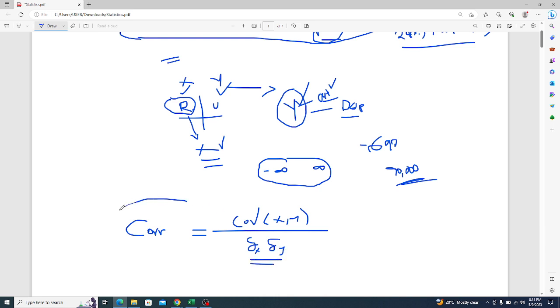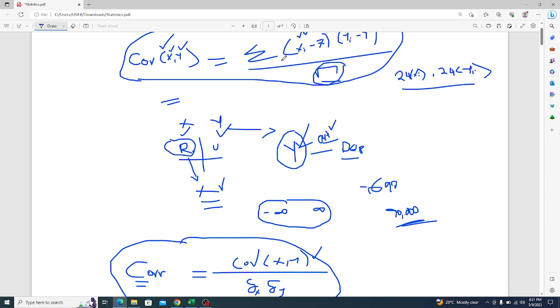So this is the mathematical formula for correlation. Correlation is given by the covariance divided by the product of the standard deviations of the two variables.